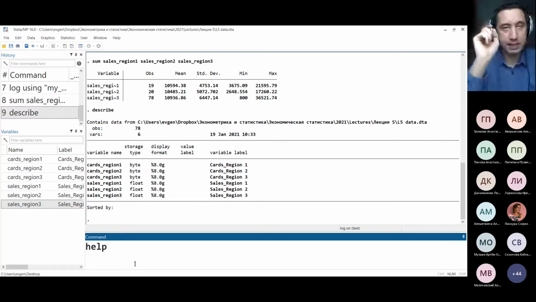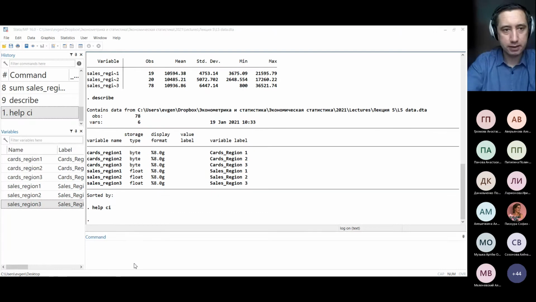Help, and instead we use the command ci to make a confidence interval. This is the help file for our confidence intervals. You can read the PDF manual or the manual here. And what we have here in the menu is a route for confidence intervals.